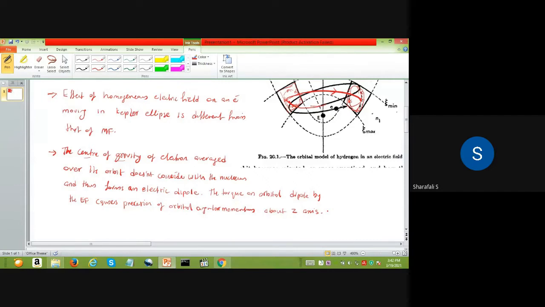So since the center of gravity of this electron does not coincide with the nucleus, hence there will be an electric dipole. It will form an electric dipole in that atom.